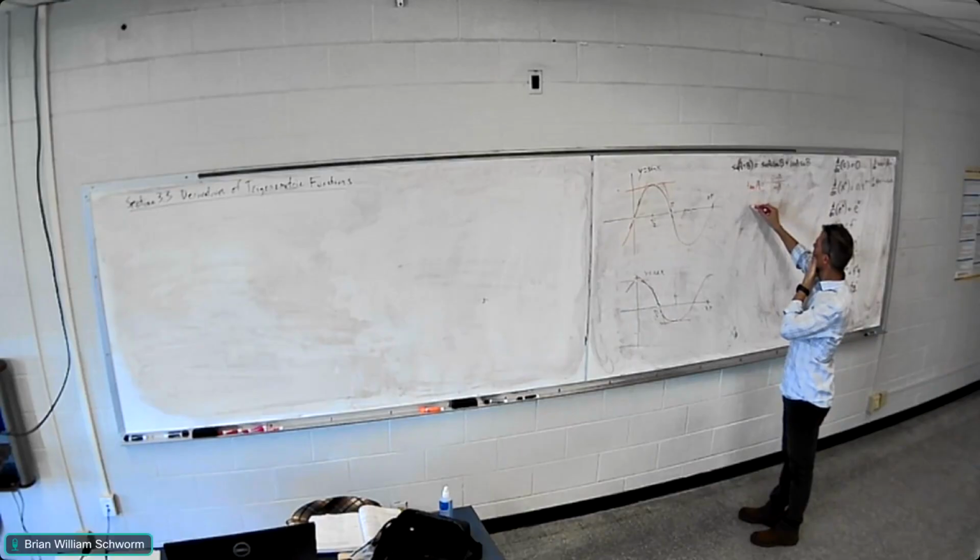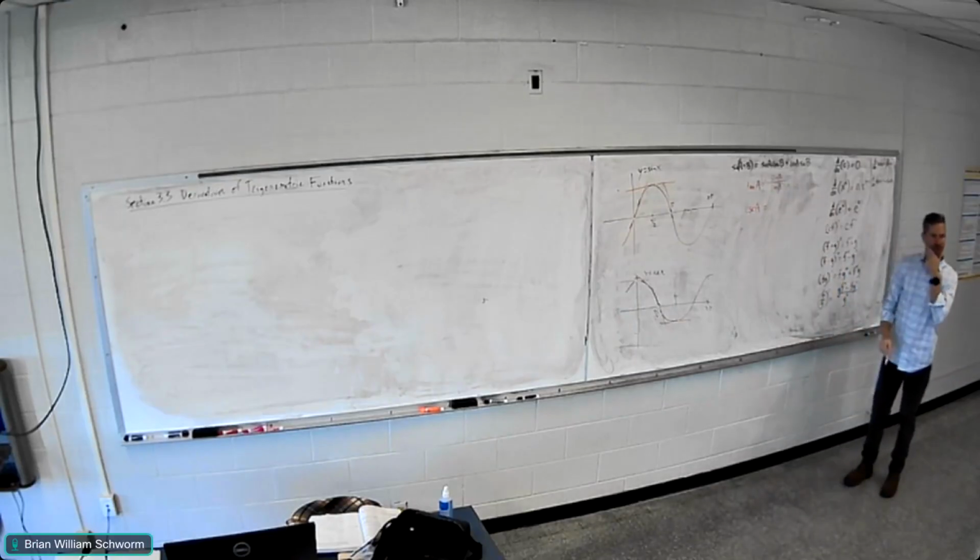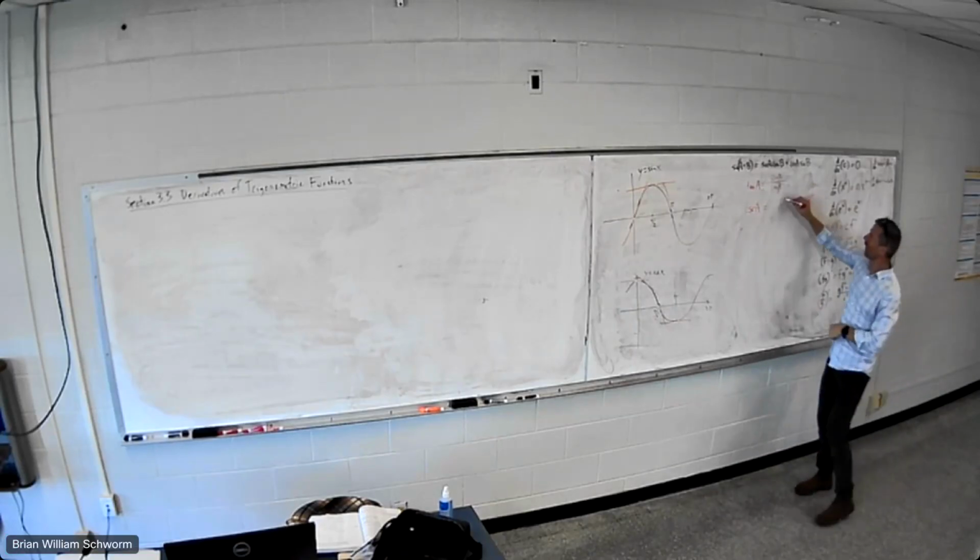Let's see. Cosecant. Do you remember how to express that in terms of sine or cosine? Exactly, 1 over sine.